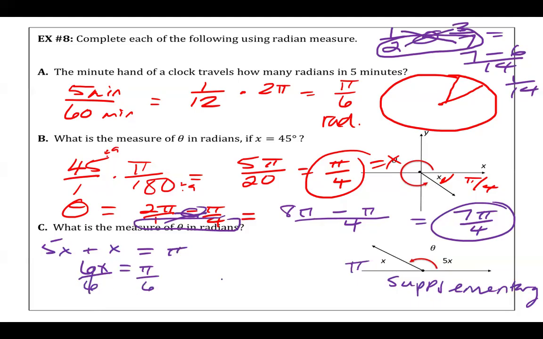Divide both sides by 6. So we know that x equals pi over 6. So therefore, the other angle, theta, would be 5 pi over 6, because 5 times pi over 6 is just 5 pi over 6.